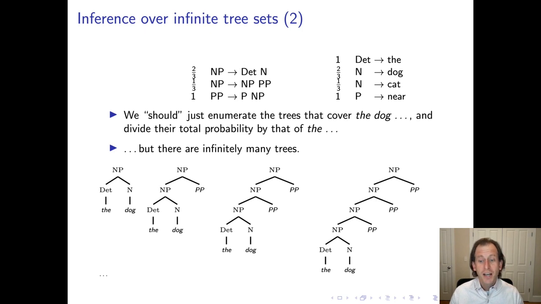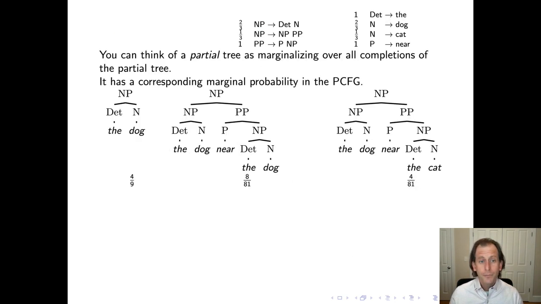So the infinite sum involves an infinite series of this form, right? It depends on how many times we've invoked the noun phrase goes to noun phrase prepositional phrase rewrite rule before we invoke eventually the NP goes to det N rule that we have to use in order to actually get any words at the beginning of the sentence. And as you can see, there's an unbounded number of times that we could apply this rule.